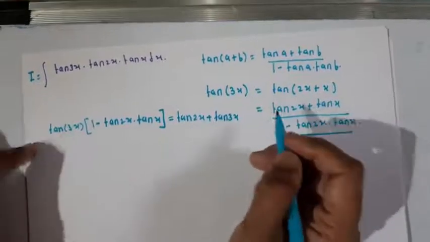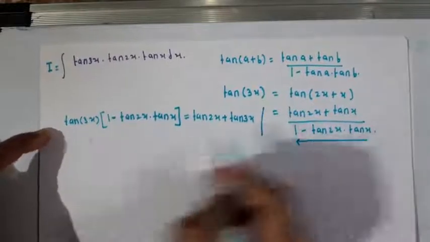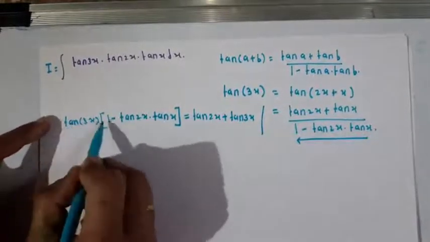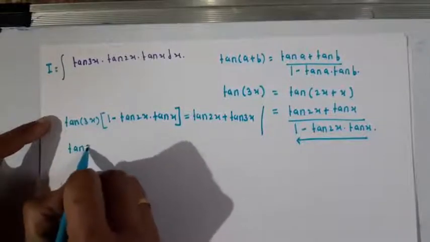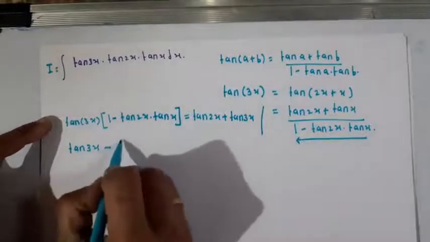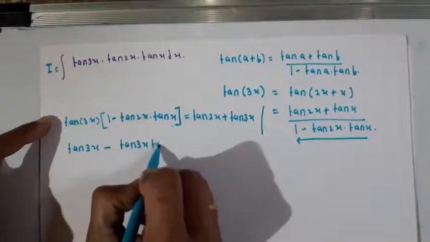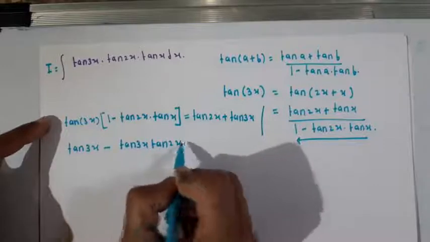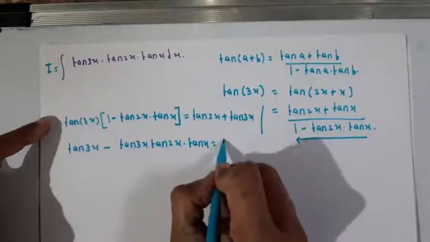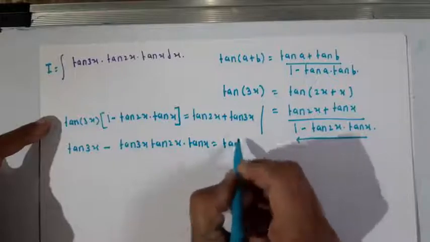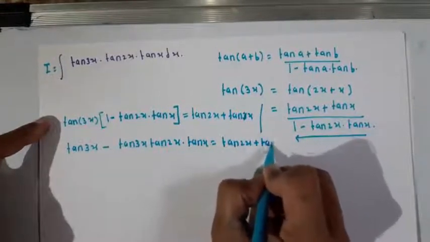Okay, now this is tan of 3x into 1, equal to tan of 3x minus tan of 3x tan of 2x into tan of x, equal to tan of 2x plus tan of x.